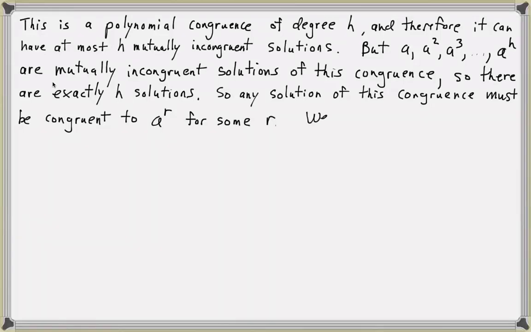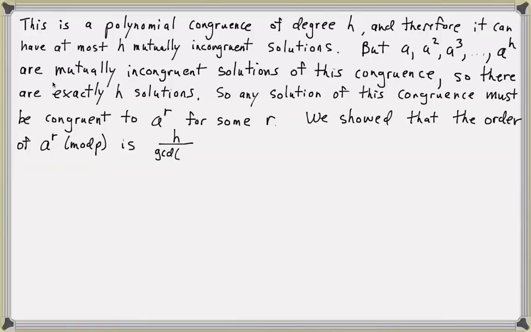So we showed earlier in a previous lecture that the order of a to the power r mod p is the order of a, which is h, divided by the greatest common divisor of r and h.